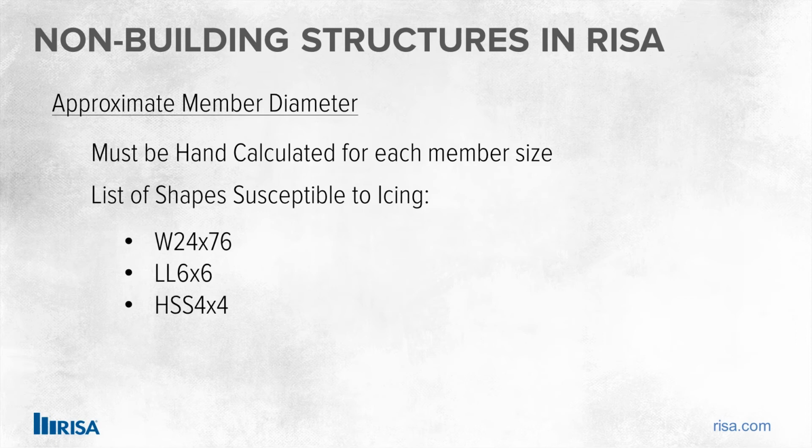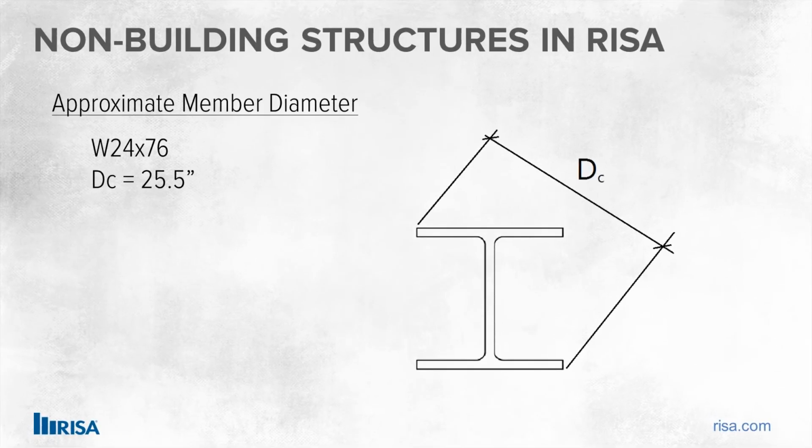And so that would be the W24x76 tower legs, the double angle 6x6s that we have that form up the bracing on the tower, and then the tower itself, sorry, those are the tank legs that have these members. The tower itself has HSS 4x4 members used for everything.